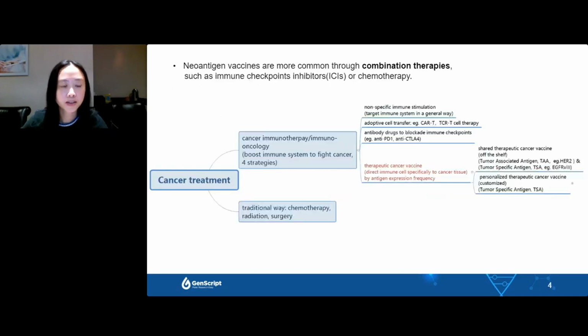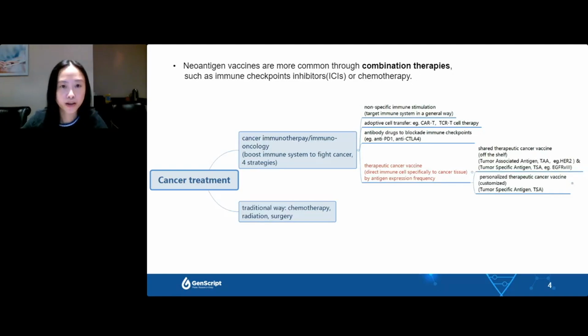And neoantigen vaccines are used for cancer treatment. So first, let's take a whole picture and see the cancer treatment. It has a traditional way in which we use chemotherapy, radiation, or surgery. But in recent years, we're trying to use our own immune system to fight cancer. It's called cancer immunotherapy or immuno-oncology.